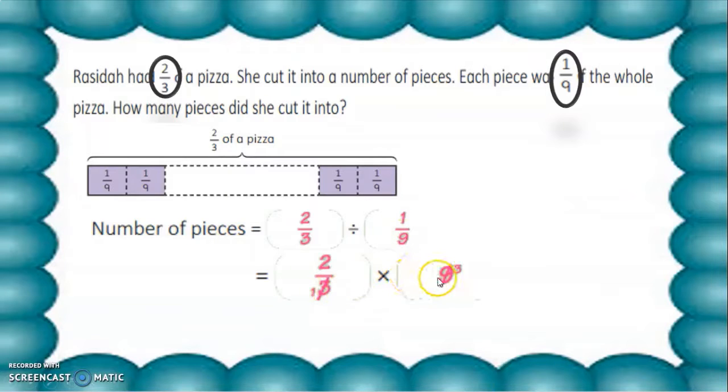So 3 and 9 can already be simplified by dividing by 3. 9 divided by 3 is 3, and 3 divided by 3 is 1. If we multiply, it will become 6. 2 times 3 is 6. Therefore, she cut it into 6 pieces.